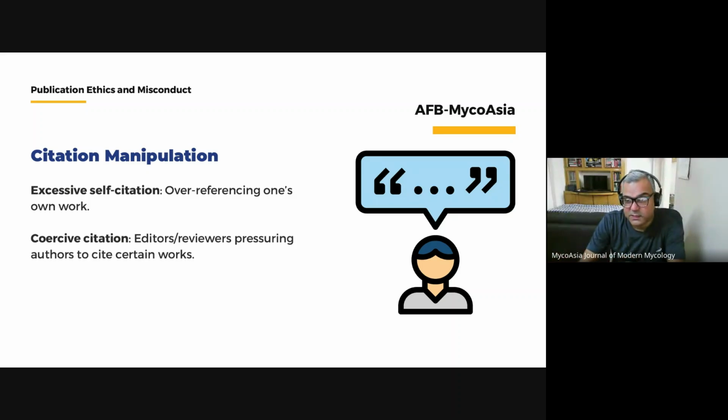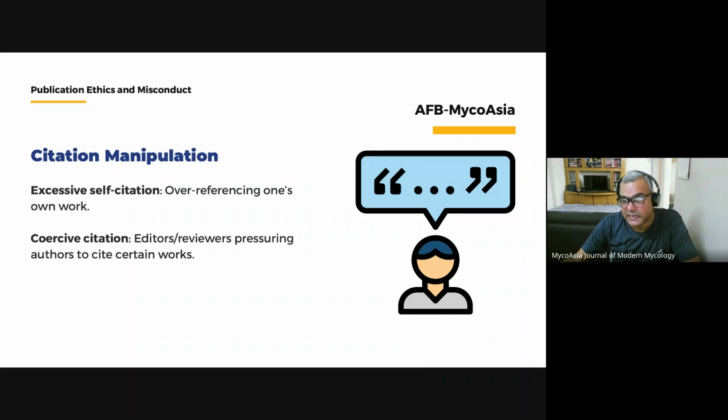Sometimes journals actually restrict you from doing self-citation. But there are certain journals where the editor or the reviewer tells you these are very important papers in the field and you should cite them, even though those may not be very important, because they want to increase the citations of their own papers as reviewers.